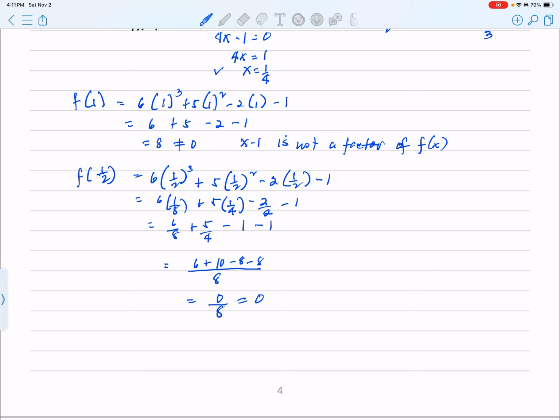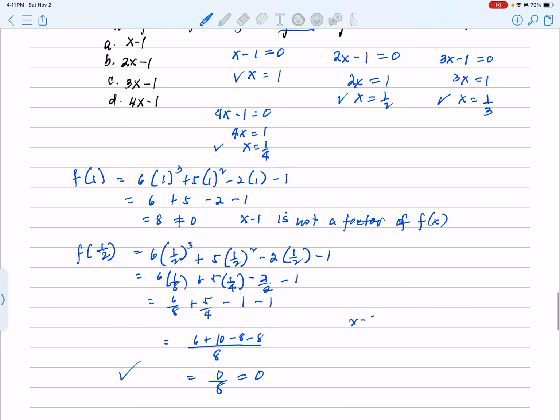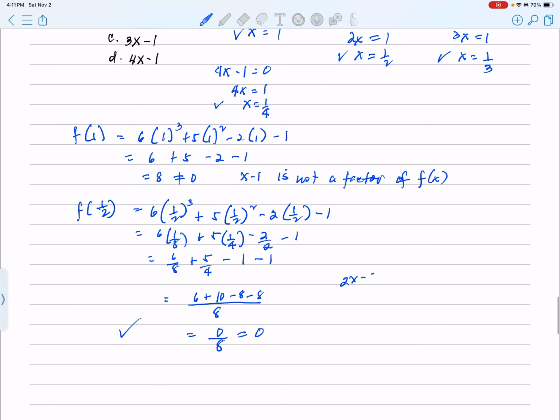Therefore, we could say that 2x minus 1 is a factor of f of x.